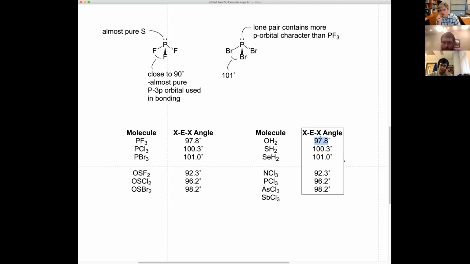Well, the effective nuclear charge goes up as you go from top to bottom because outer electrons don't shield as well. And so when the effective nuclear charge goes up, the splitting between S and P gets larger. Okay, so the sp splitting becomes more significant and these effects become more significant.